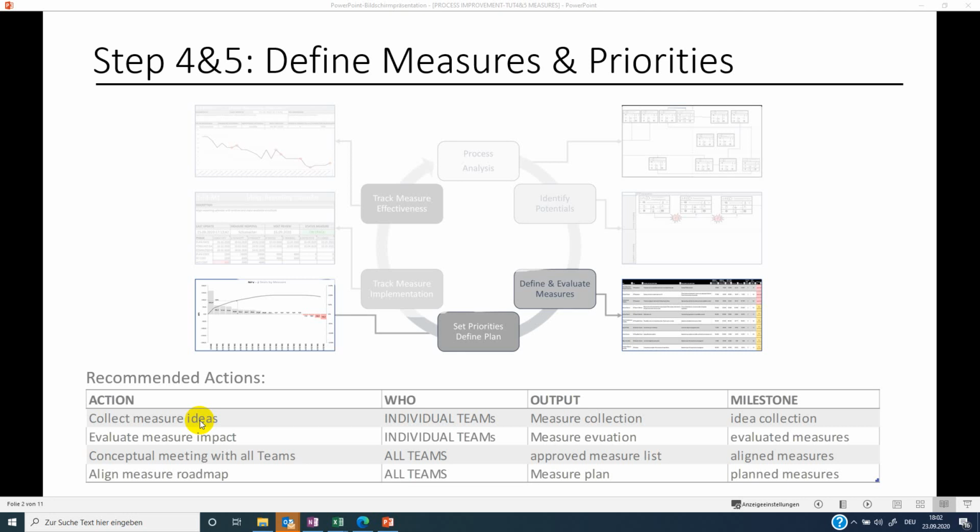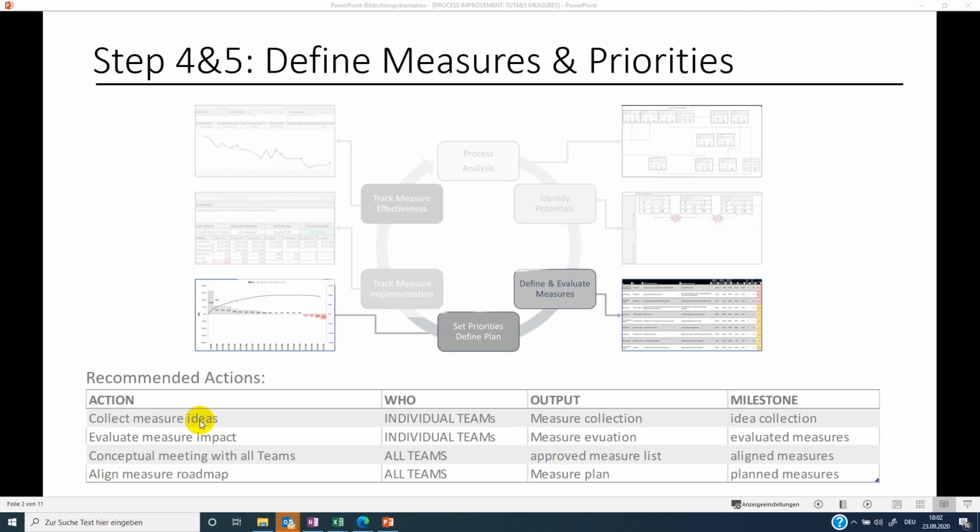Once this is done, the finding of measures, of course, then you would have a conceptual meeting together with all teams, where all teams present their ideas, where all parts of the process are put together so everybody is on the same page and can help evaluate the different approaches, the different measures that are suggested, and help pick the best ones.